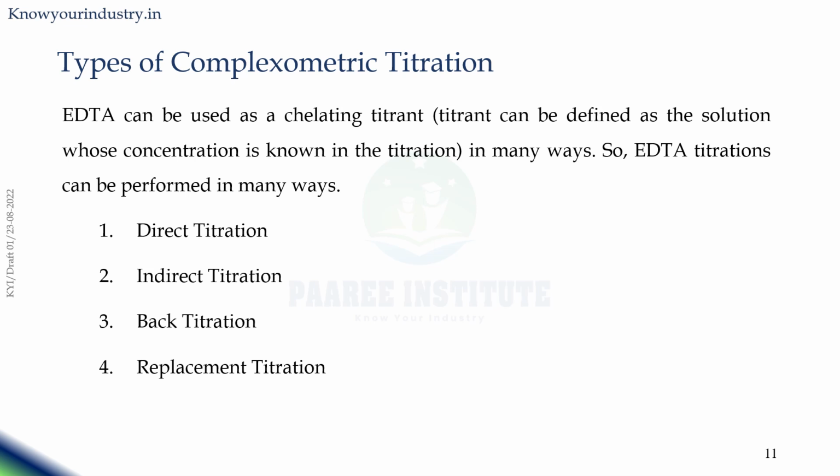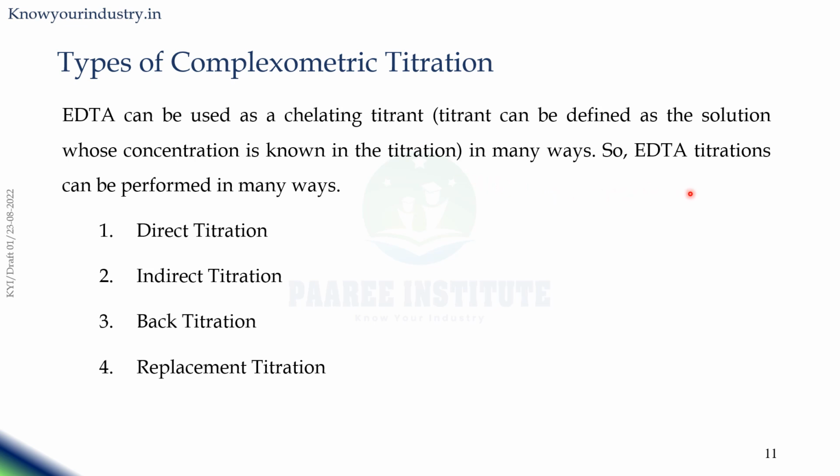There are different types of complexometric titrations. In complexometric titration, EDTA is the most commonly used chelating titrant. What is EDTA? EDTA is ethylenediaminetetraacetic acid. So EDTA can be used as a chelating titrant in many ways.